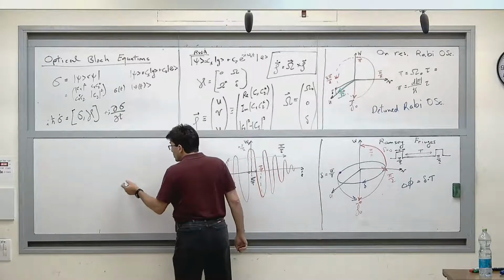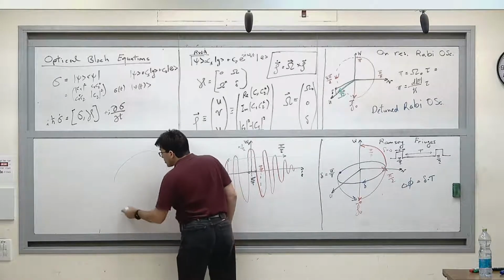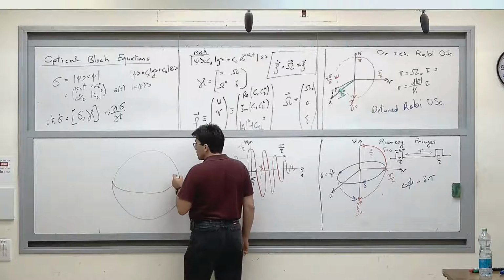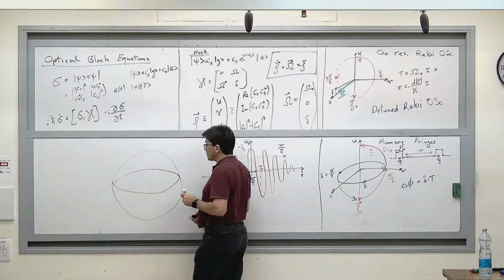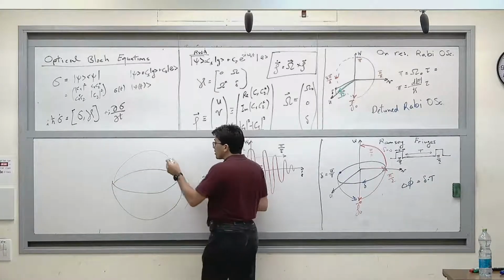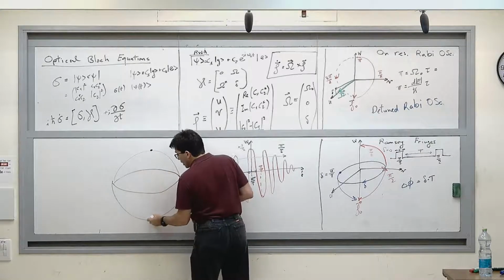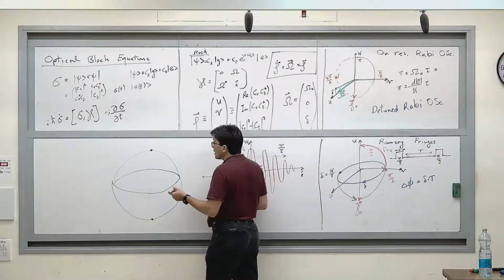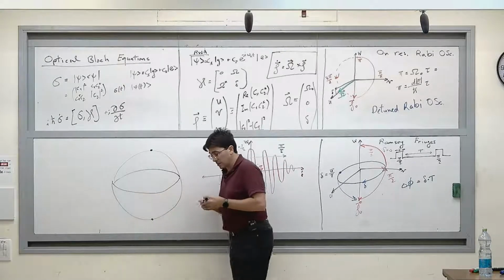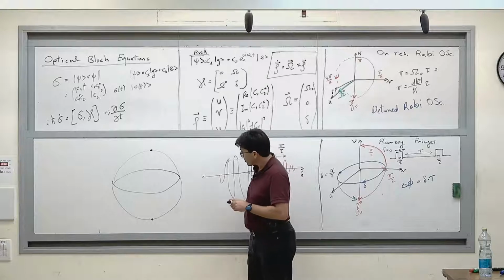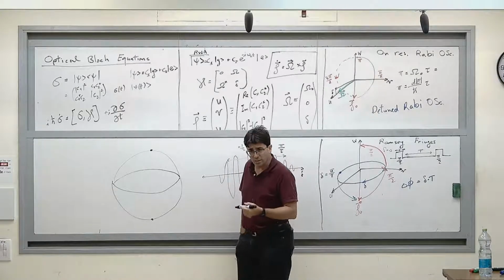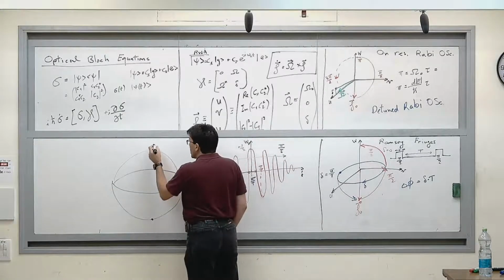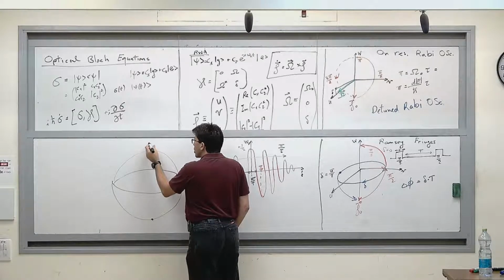So there is this Bloch sphere or Poincaré sphere. And here we just said there's a north pole and the south pole for polarizations of light. This is the clockwise circular polarization.